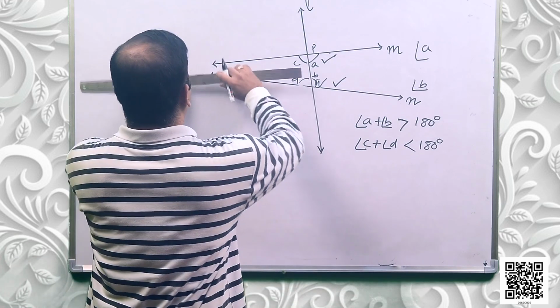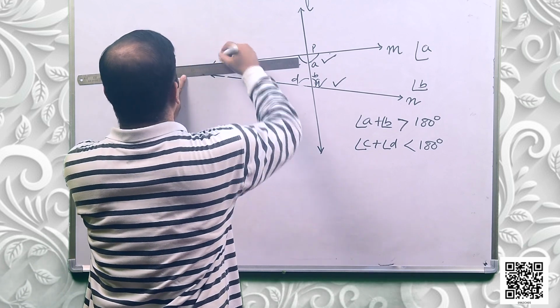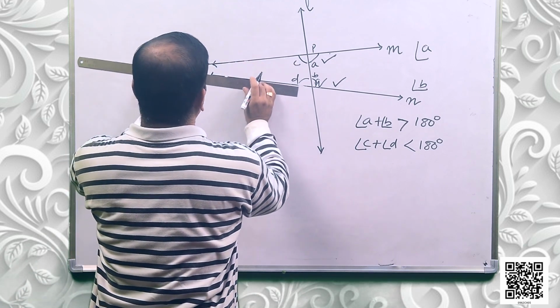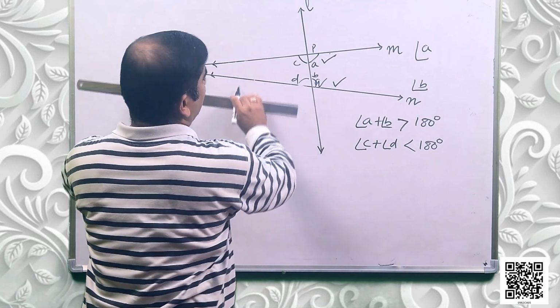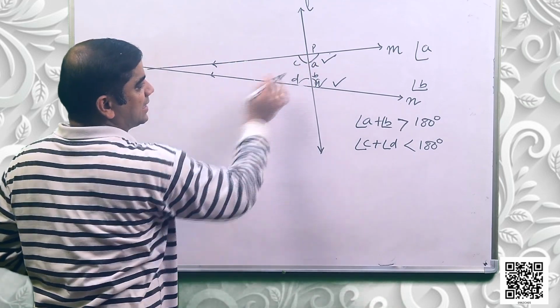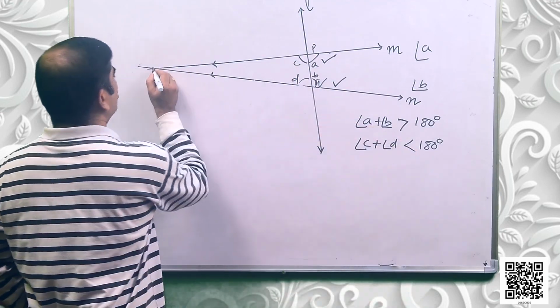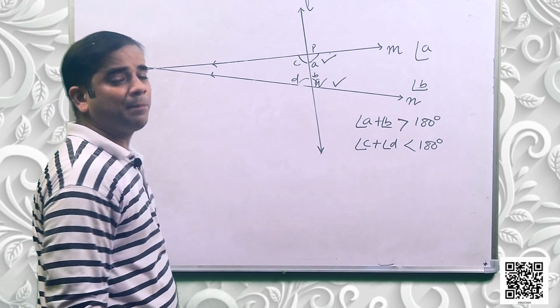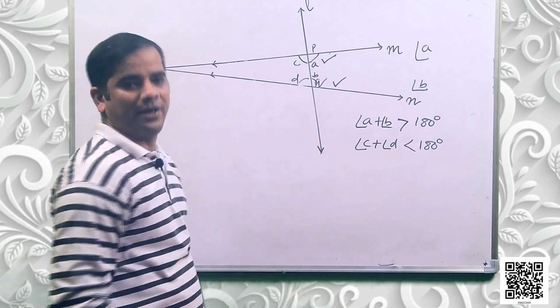So when I produce line M in this direction and line N in this direction, because in this direction the sum of the internal angles is less than 180 degrees, they are intersecting each other at a certain point.